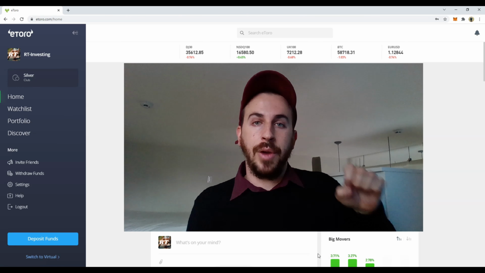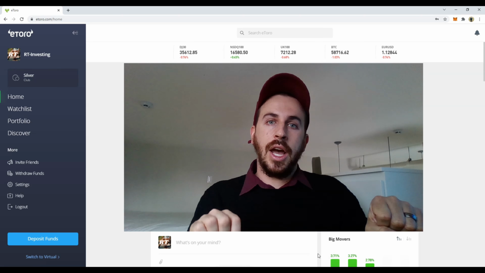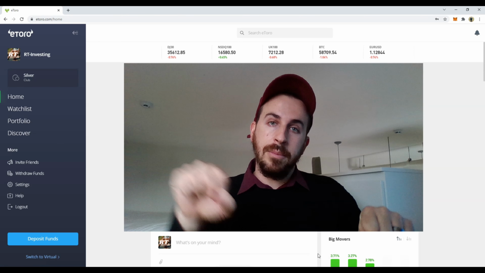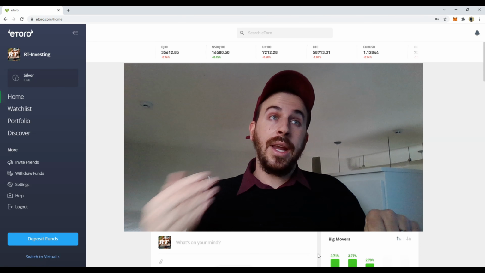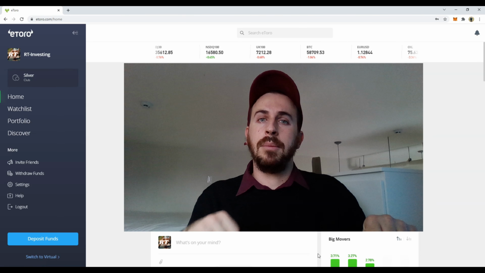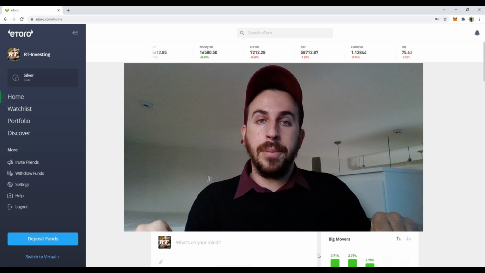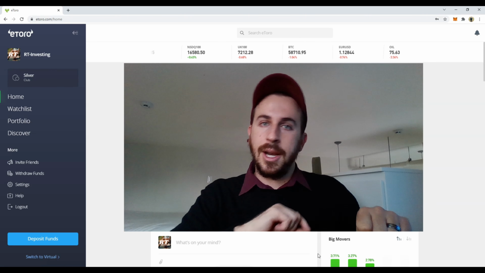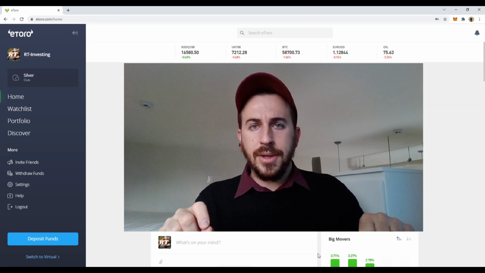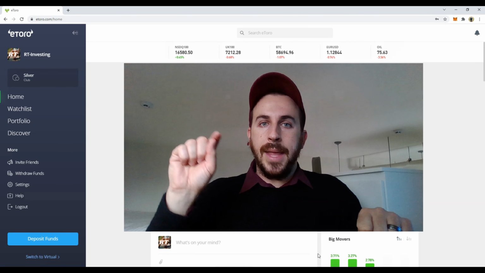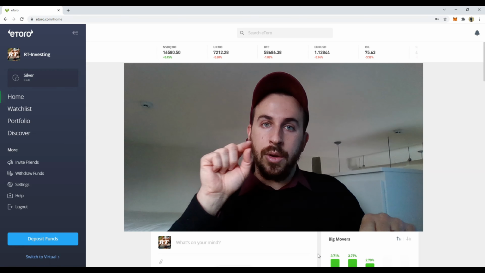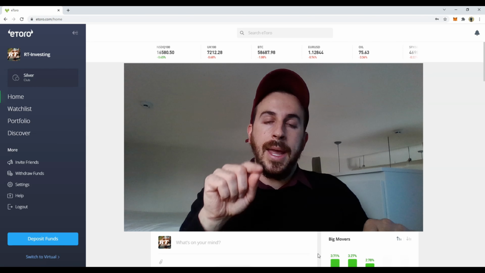So what I've done is I've created the RT Invest, so then I dollar cost average into the whole RT Invest copy portfolio every month from my wife's account, or weekly from my wife's account, and then monthly on my own personal account on eToro. It's just easy, because I set up the recurring deposit, and I just go and add funds to the RT Invest copy portfolio, and I click on the copy open trades checkbox.